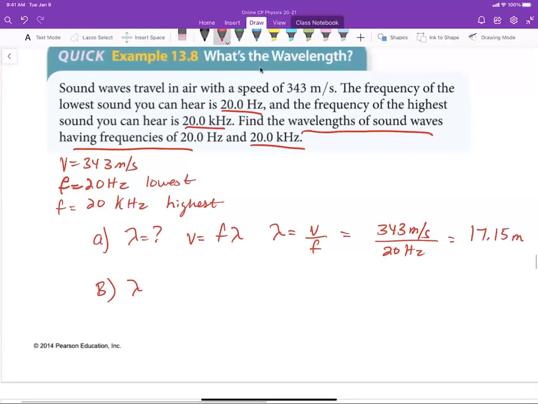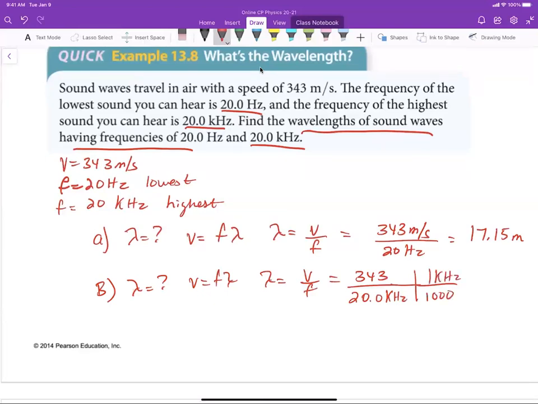The second one, we're going to follow the same procedure. We will find the wavelength. In this case, it's 343 divided by 20 kilohertz. Well, kilo is 1,000, so 1 kilohertz is equal to 1,000 hertz.